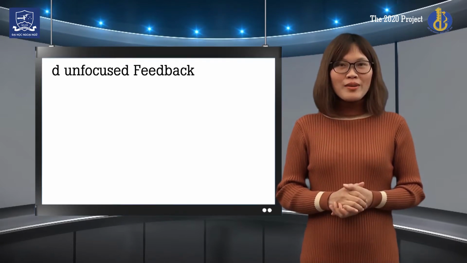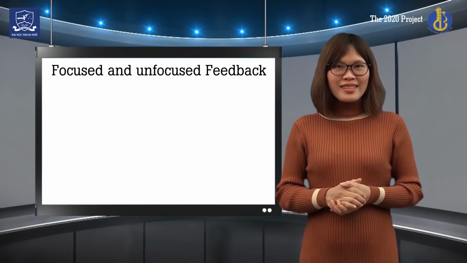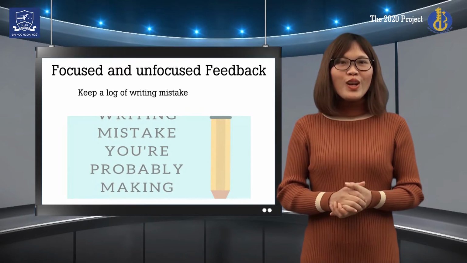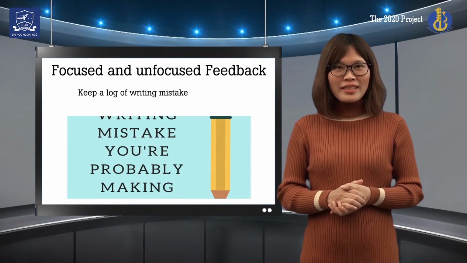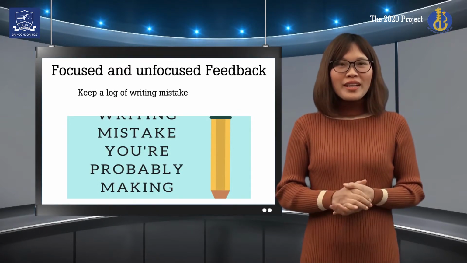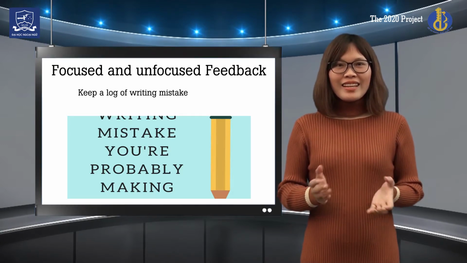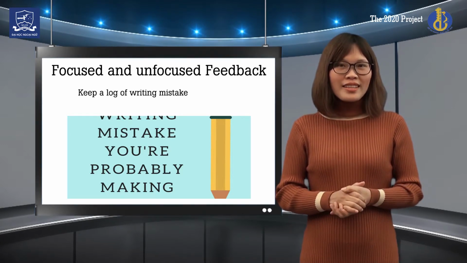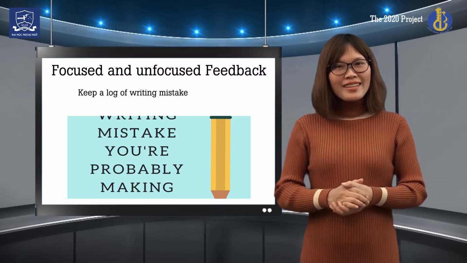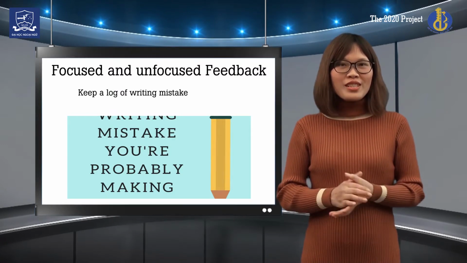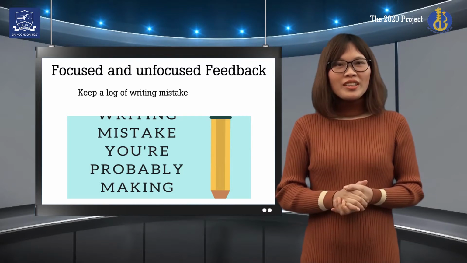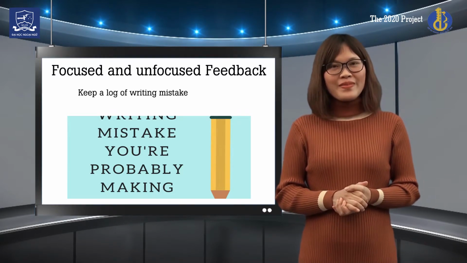Alright, something else you can do to help students is to ask them to keep a log of common mistakes they make. And when they write the next time, they go back to this log. It is often going to be things like articles, tenses, prepositions, word order, those sorts of things.